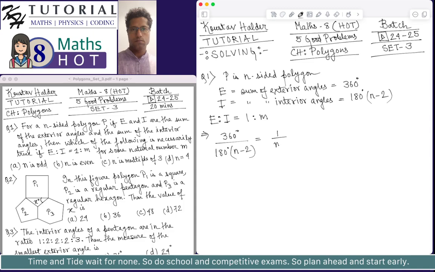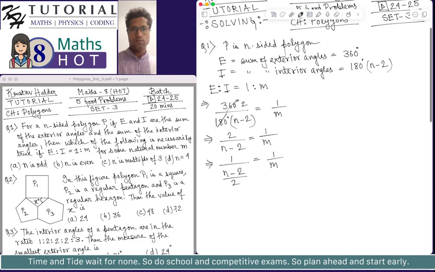Now if you simplify the LHS, 180 degrees will cancel 360 degrees with 2. So we have 2 by n minus 2 is equal to 1 by m. So this implies that if we further simplify the left hand side, we can rewrite it as 1 by n minus 2 by 2, which will be equal to 1 by m.